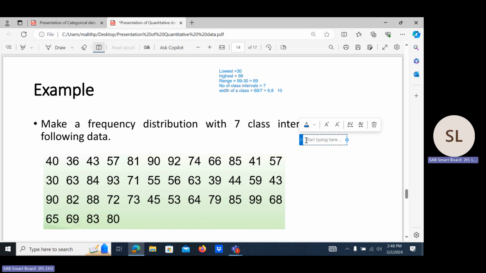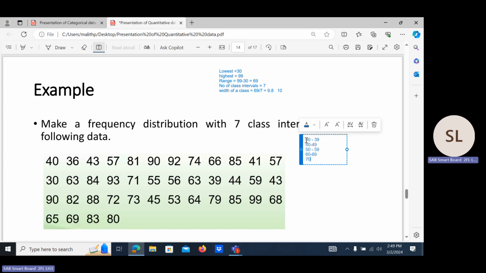Okay, now we can start writing the class limits. Starting from what? 30. In here, the size of the class is 10. Then what is the upper class limit in the first class interval? 39. Okay, then 40 to 49. Okay, then 50 to 59. 60 to 69.